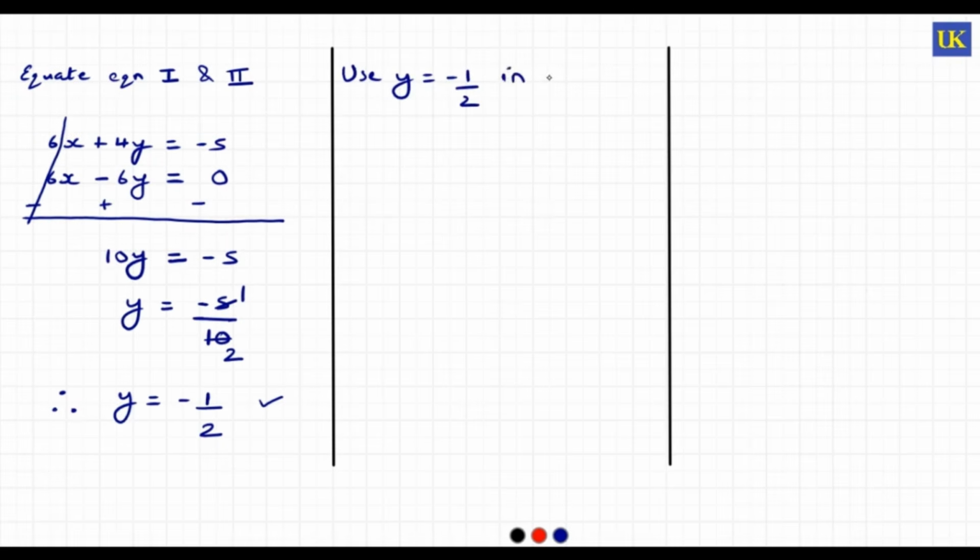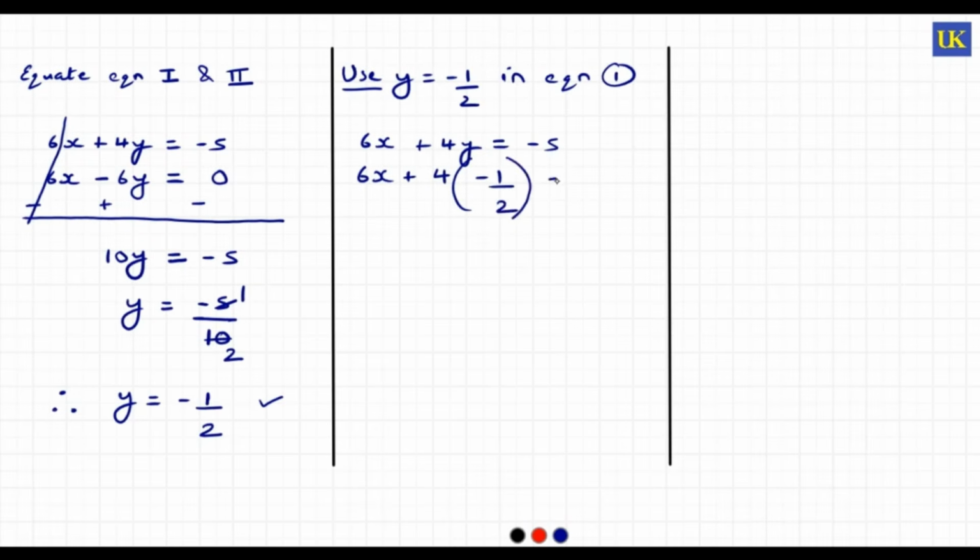Now we will use y is equal to -1/2 in either of the equations. I will just substitute in equation 1, the first one. So 6x plus 4y is equal to -5. 6x plus 4, and instead of y I will write -1/2 is equal to -5.